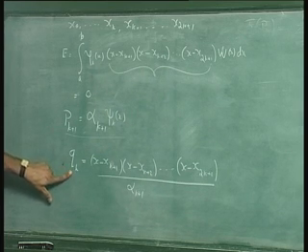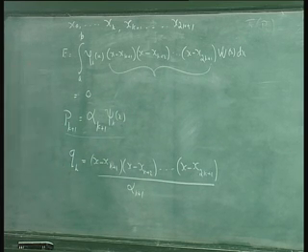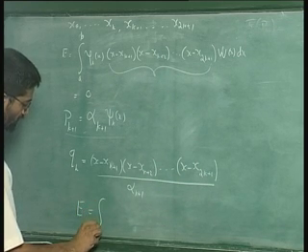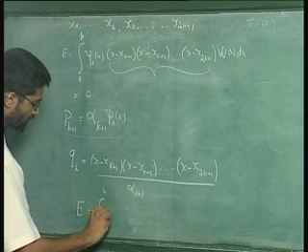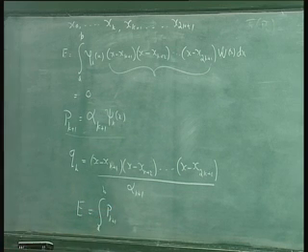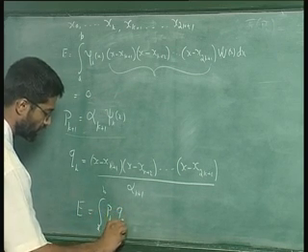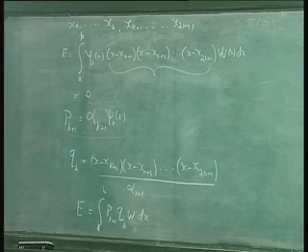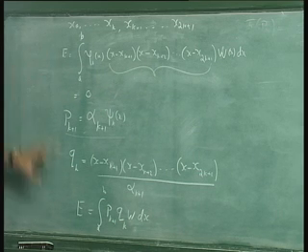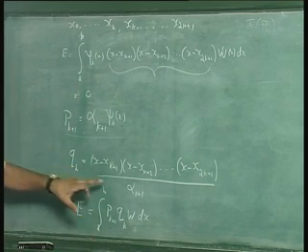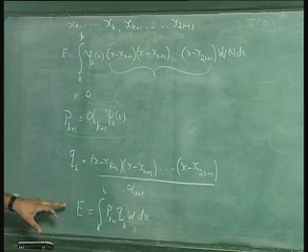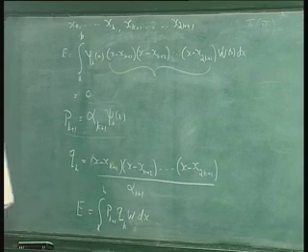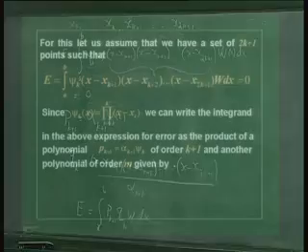So, this is a kth order polynomial, this is a k plus 1th order polynomial, and then I can write my error e as the integral a to b of p k plus 1 q k w dx. So, that is the construction. There is a polynomial p k plus 1, there is a polynomial q k, and I write the error as integral a to b p k plus 1 q k w dx. That will be my error now.